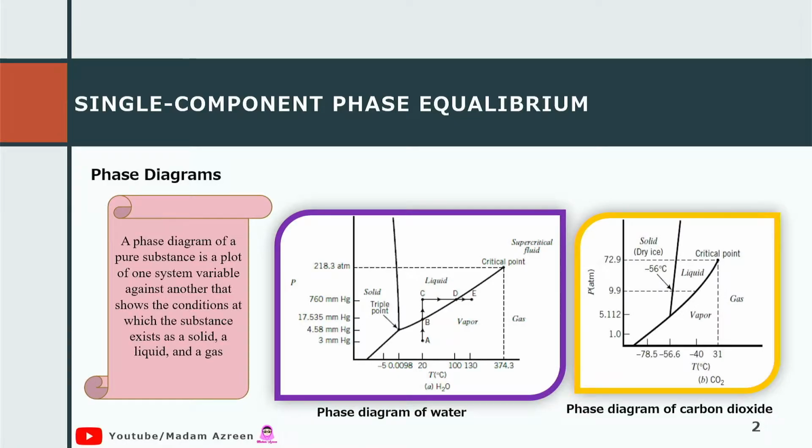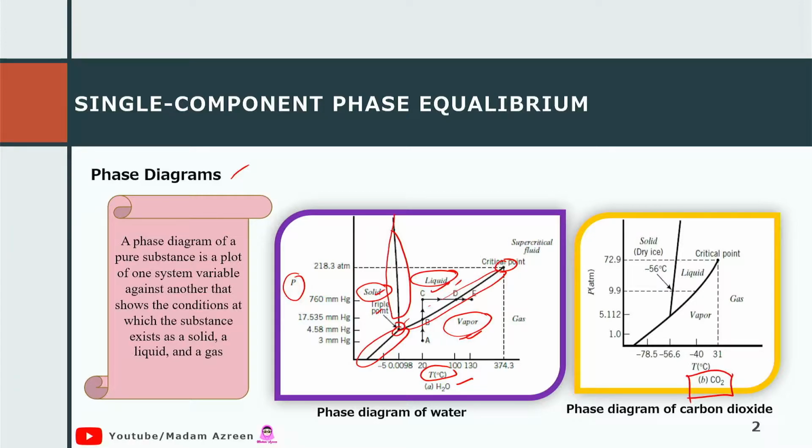The first thing to introduce to you is the phase diagram. It is a plot of pressure versus temperature, and as you can see, the different phases of water, and here is the carbon dioxide. Along with the phases, there are a few points, and there are also lines that separate solid and liquid, vapor and liquid, and vapor and solid.